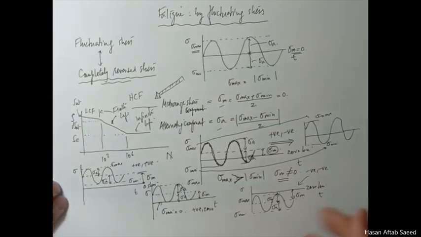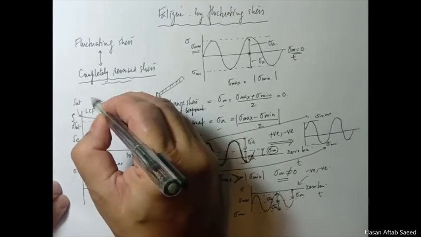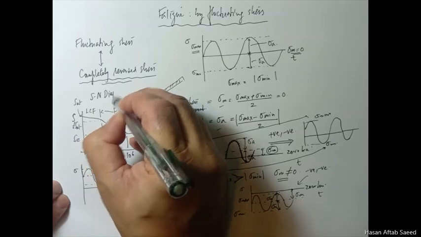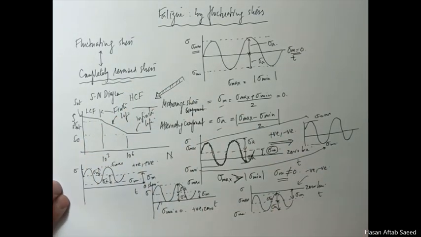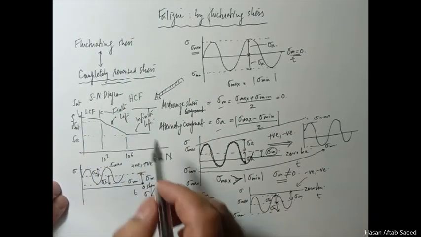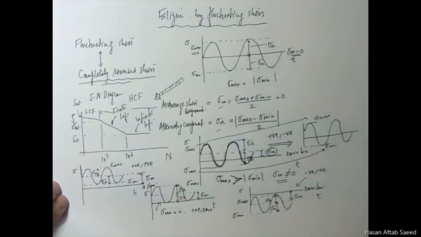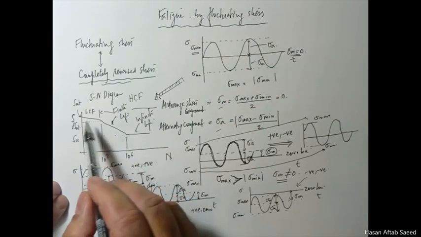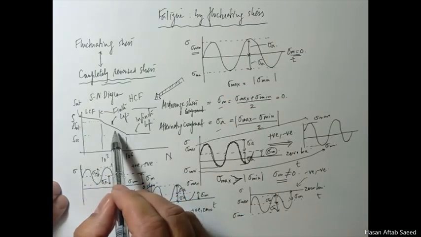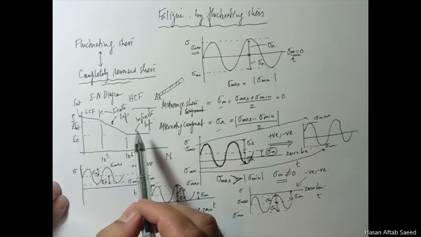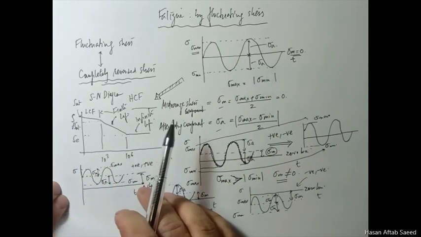Again, we recall that this SN diagram is based on a completely reversed situation. So it's all very well to design for infinite life or for finite life, but that is only for a fully reversed situation.